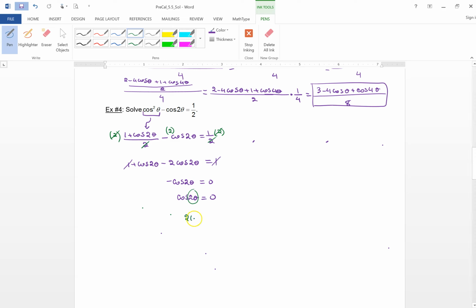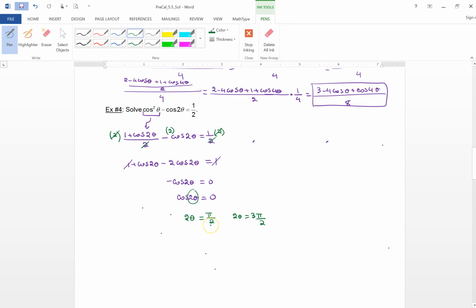So I say 2 theta is pi over 2, and where else? Okay, so where is cosine 0? Pi over 2. So this angle, 2 theta, is 0 at pi over 2.